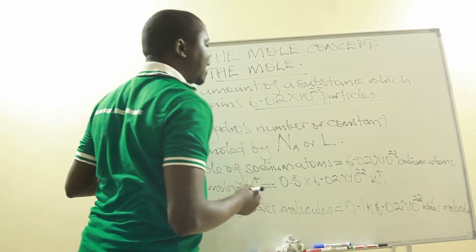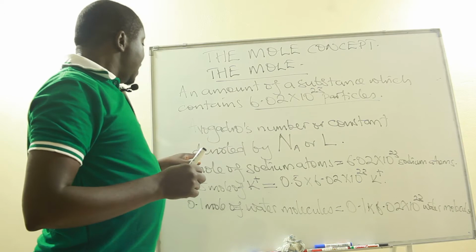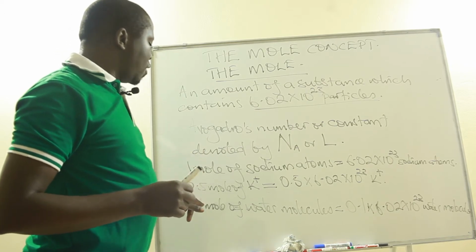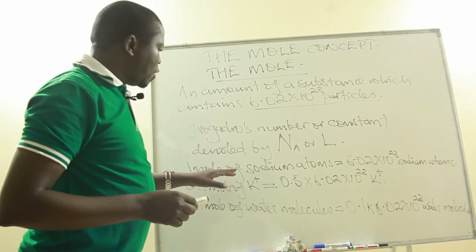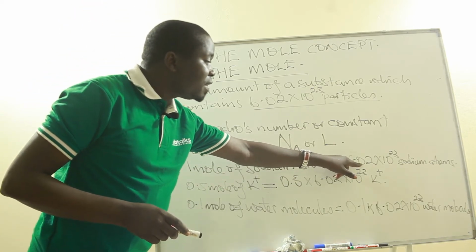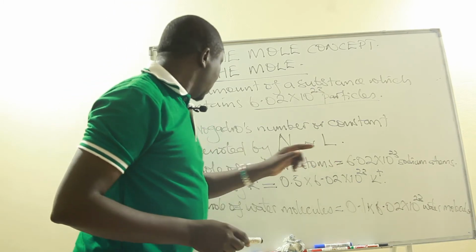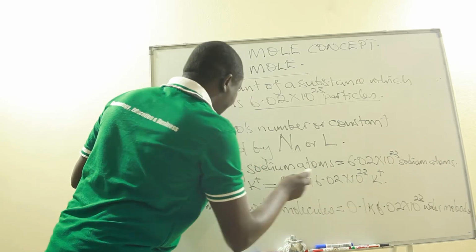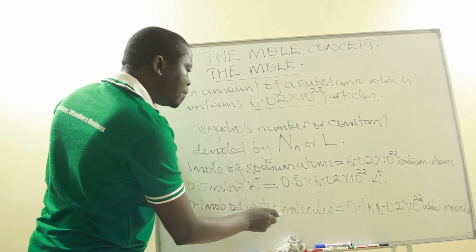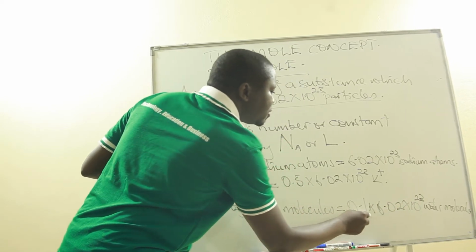So this is how we can get the number of particles of substances in different numbers of moles of those substances. As we have seen, 1 mole of sodium atoms consists of this. Of course, times 1, this is exactly 1 mole. When I talk of half a mole of potassium ions, it will be half of this number. If it is 0.1 mole of water molecules, it will be 0.1 of Avogadro's number.